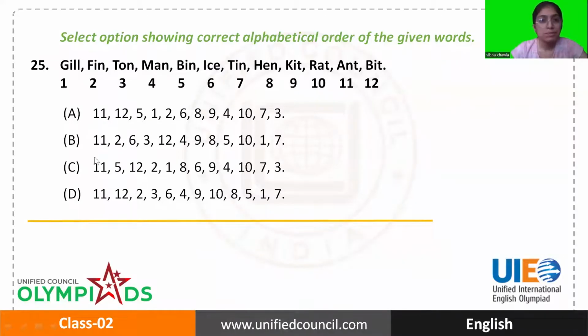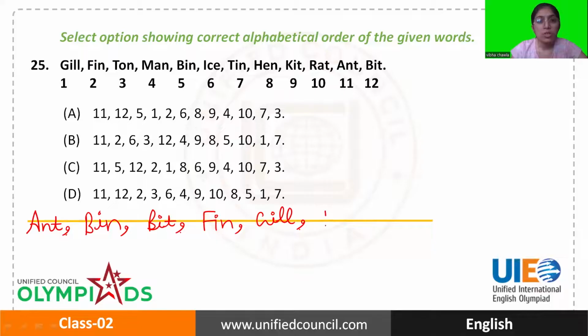First of all, to begin with, letter A, and thereafter letter B: win or wit, win first. Bin, then bit. Thereafter C, D, E, F is there, fin. Then G, gill, F, G, H, hen.